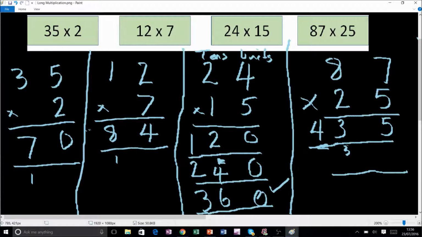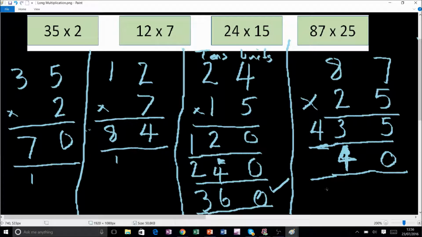Since we've already used that 3, we can scribble it out. Now we're going to move on to the 2 here. Imagine that 2 is a 20. So we do 20 times 7 gives us what? It gives us 140. So we're going to put 0 there, we're going to put a 4 there, and we can't put the 1 there because we've still got to do another multiplication.